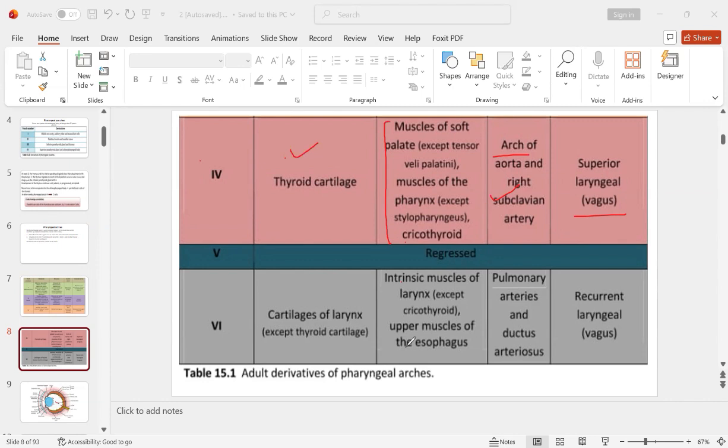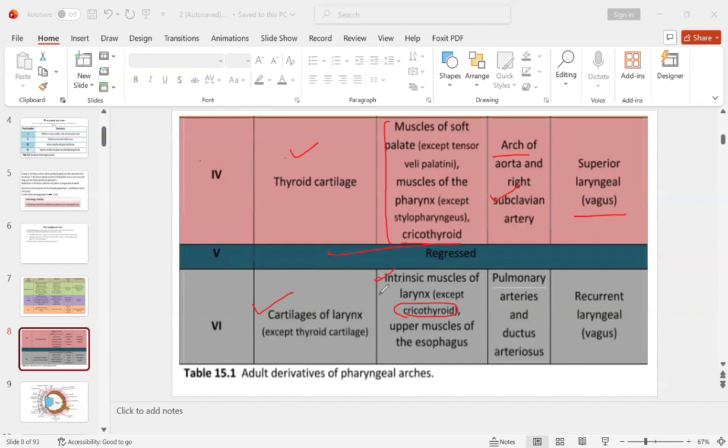The skeletal derivatives of the arch 6 include the cartilages of the larynx, except the thyroid cartilage. The muscular derivatives of the arch 6 include, first, the intrinsic muscles of the larynx except the cricothyroid, and we know that the cricothyroid is derived from the pharyngeal arch 4. Second, it will give rise to the upper muscles of the esophagus.